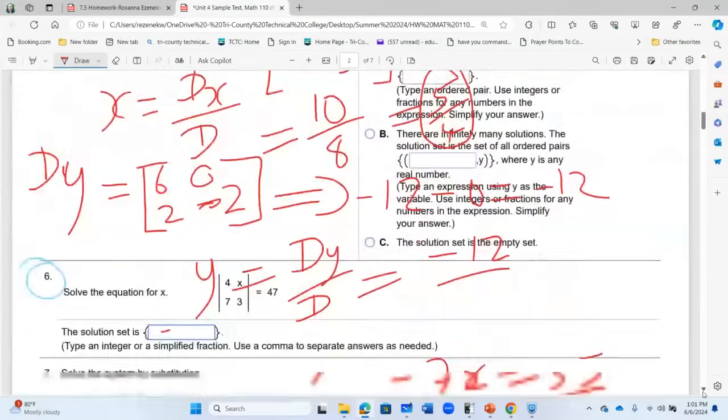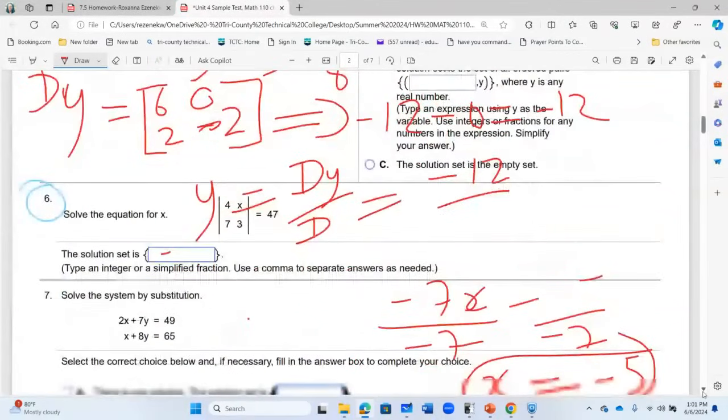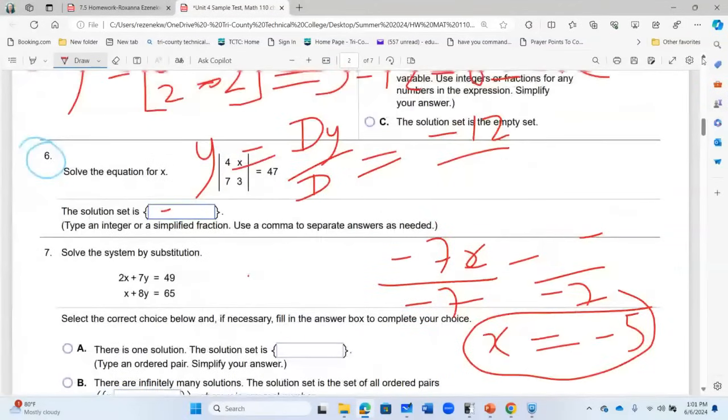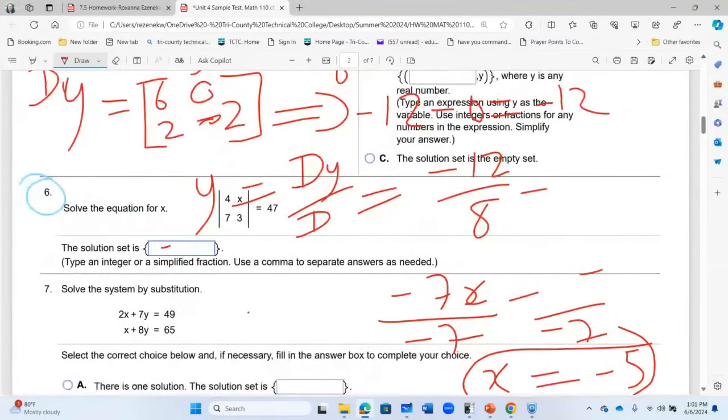Then divide the value of Dy by 8. And then we have 4 can go through. I have negative 3 over 2. I can leave my answer like this, negative 3 over 2, or negative 1.5. So this is the value of y.